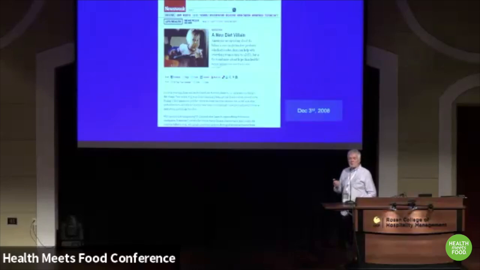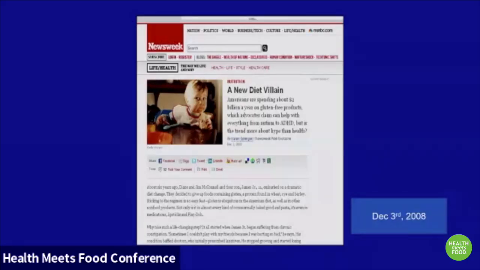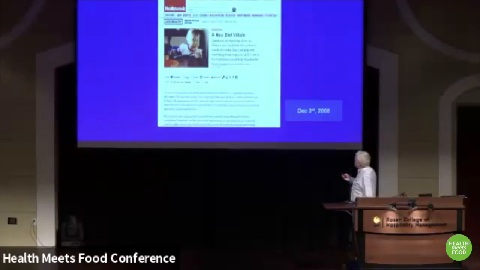Now, what about this gluten? It was about 15 years ago that gluten started to become a terrible thing. And this new diet villain in Newsweek, in 2008. We've been very interested, and all the celiac experts around the world were wondering what's going on.